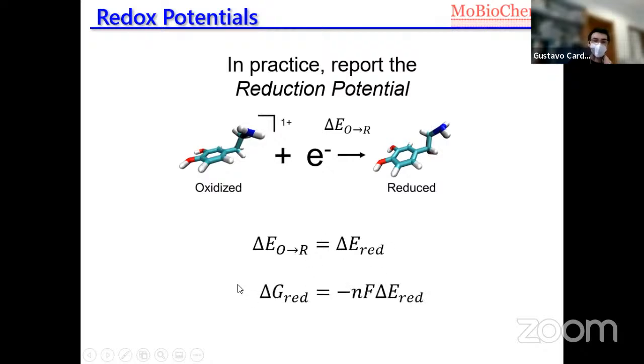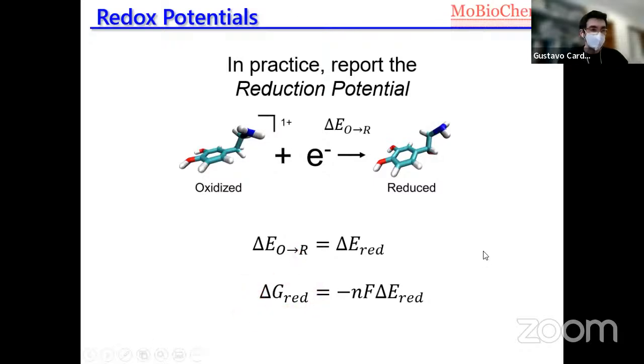There is this nice equation here which relates this redox potential quantity with the Gibbs free energy of the reaction. Remember that for a reaction, we always have associated with it a Gibbs free energy, basically the thermodynamics of the process. So now we can see that there is a direct relationship between these two quantities. We can compute this guy by computing this Gibbs free energy.